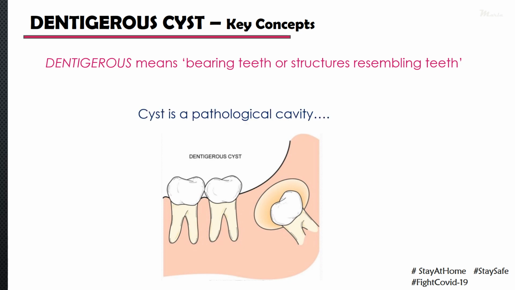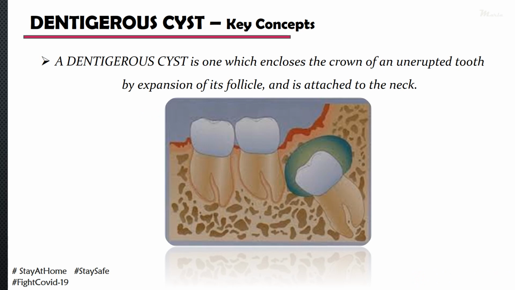As we are already aware, a cyst is a pathological cavity which may or may not be lined by epithelium and contains fluid, semi-fluid or gaseous content, but not the accumulation of pus. So a dentigerous cyst is a cyst which encloses the crown of an unerupted tooth by expansion of its follicle and is attached to the neck of the tooth.